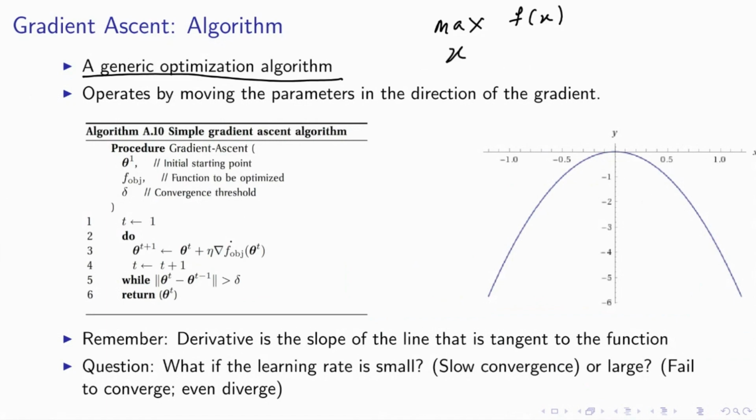Here x is, you can think of it as your parameters, and you want to find a setting of the parameters such that the objective function f of x is maximized, okay? The only requirement here is that the function f of x should be differentiable.